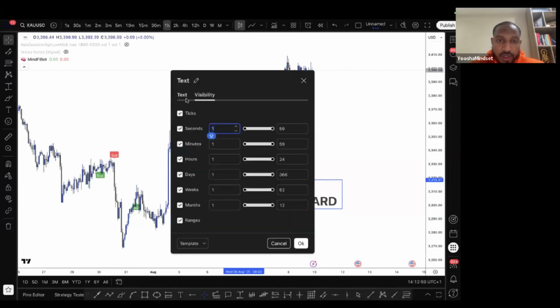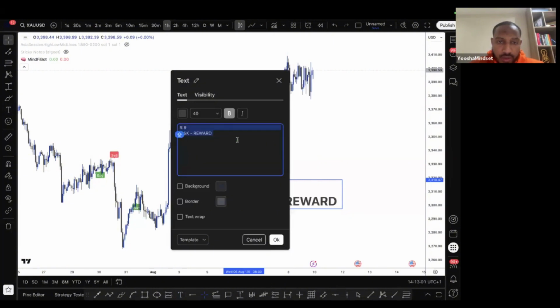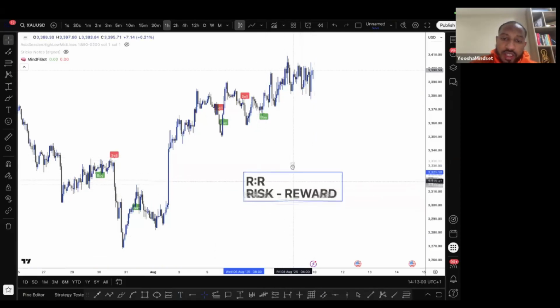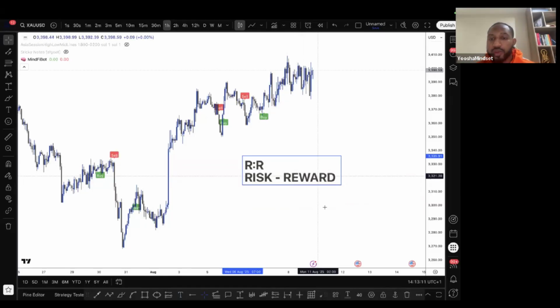All right, let me see if I can put this in the middle. Okay, so what you are risking to what you want to gain. First, you can decide your entry and exit based on the risk to reward ratio.